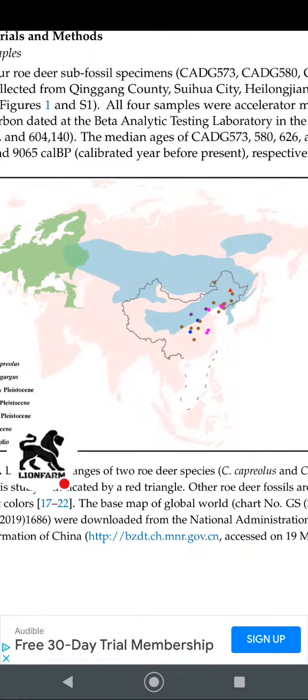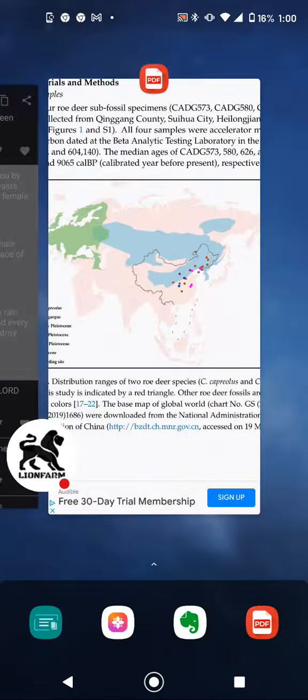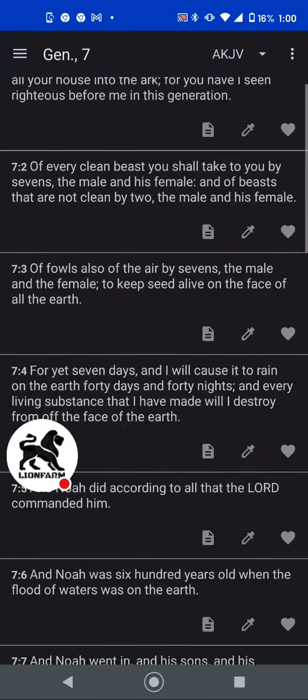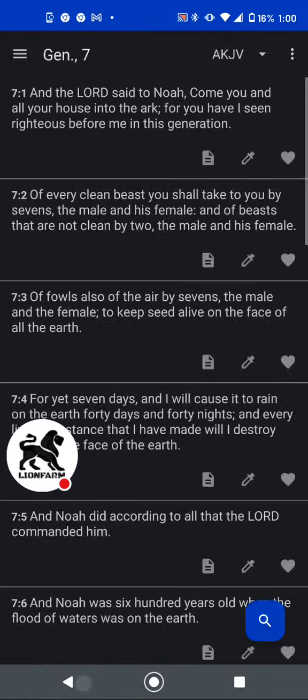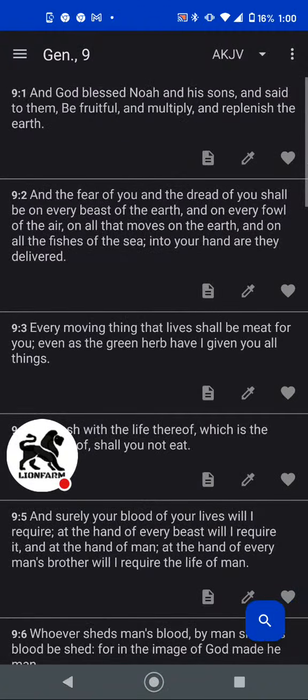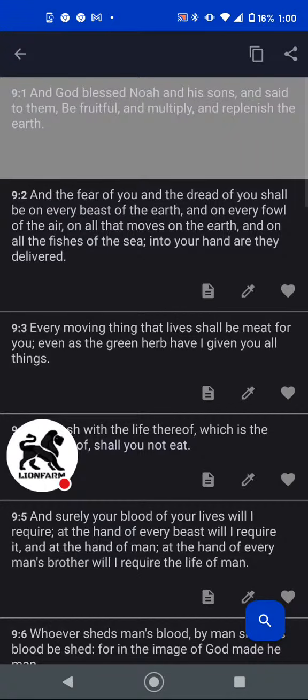There's a part in the scriptures that says this. Right after the flood, God blessed Noah, and he says, be fruitful and multiply and replenish the earth. Now, does replenish the earth necessarily mean that the whole earth has to be exactly wiped out? It already talks about that in the scripture when everything's all wiped out.